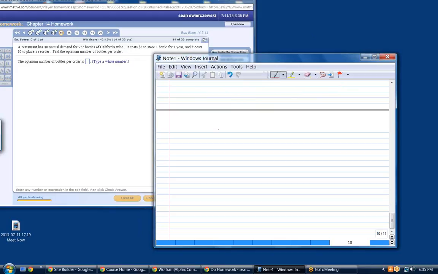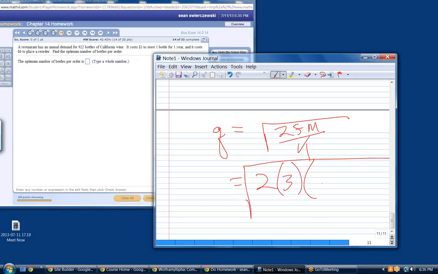In other words, they've got a straight formula. $6 to place a reorder.